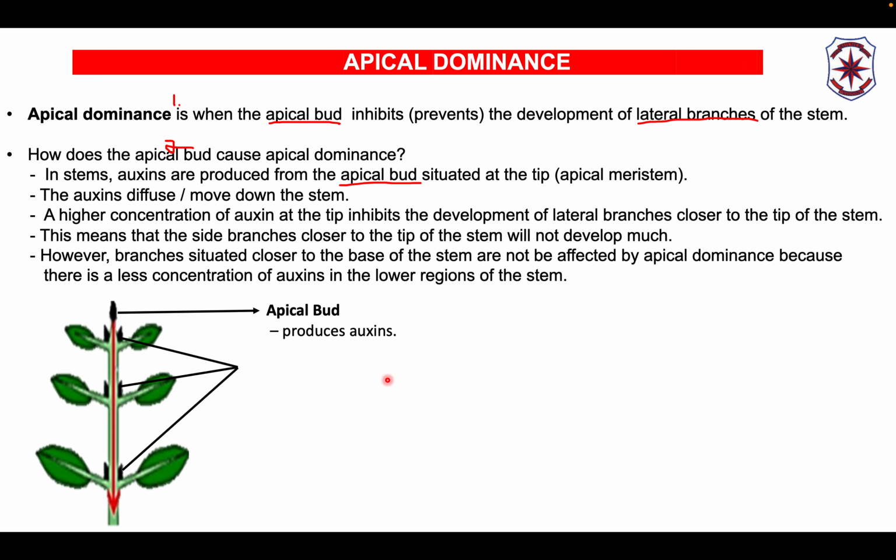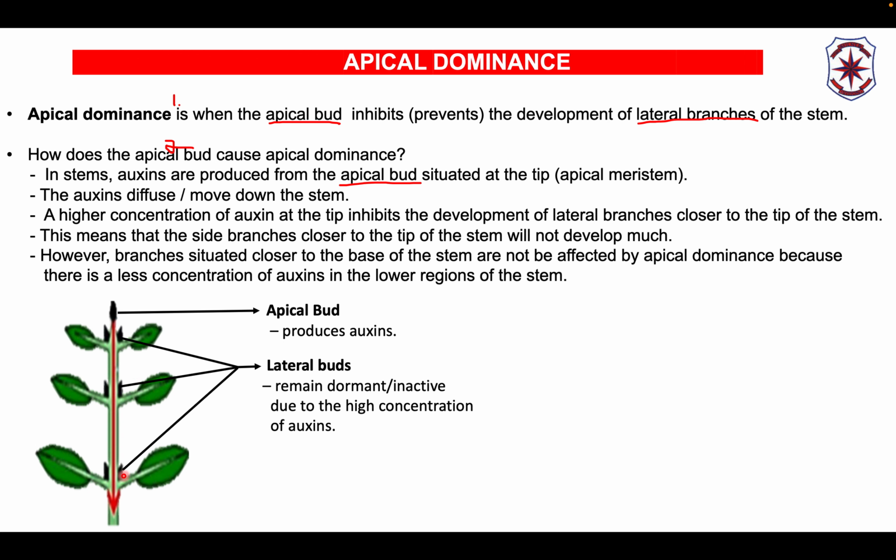And then when we check, we don't just have one bud there. That is the apical bud because it's found at the apical meristem at the tip. There are other buds. There's two buds there, there's two buds there, and there's two buds there. These we refer to as lateral buds. And the function of the lateral buds is to form side branches in the stem.